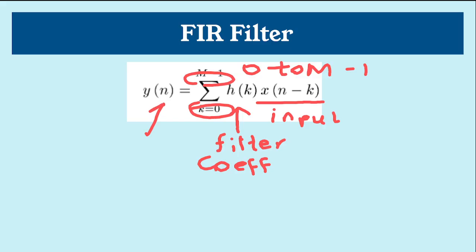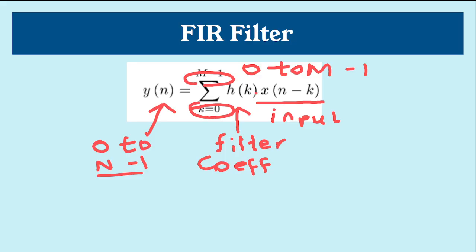Similarly, n ranges from 0 to N minus 1. So if you have N input samples, you will get N output samples. That's the theory part.